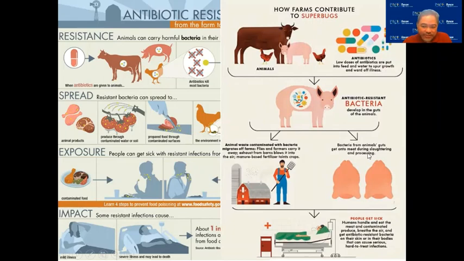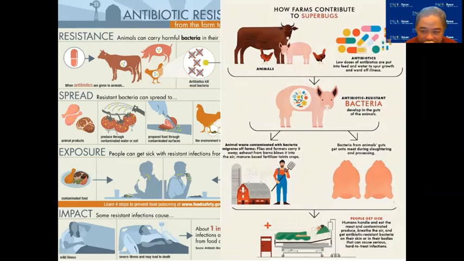So what happened? The bacteria from the animal gut get into the meat during the slaughtering and processing, or its waste would contaminate the farms that you have. And other organisms like flies and farmers carry it away. And what happened? You're going to contaminate the environment that you have there.